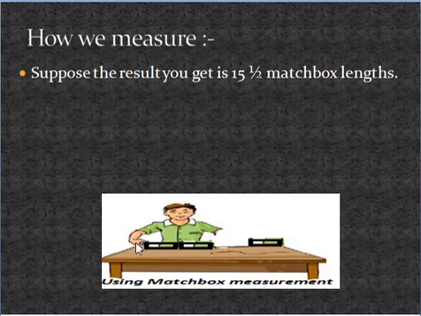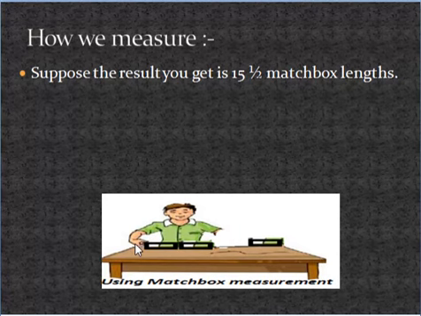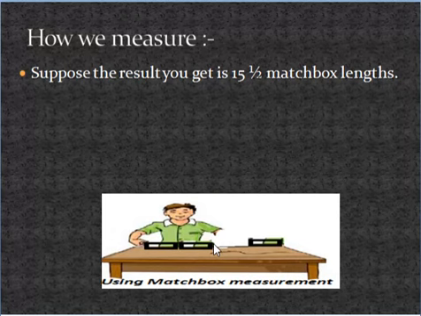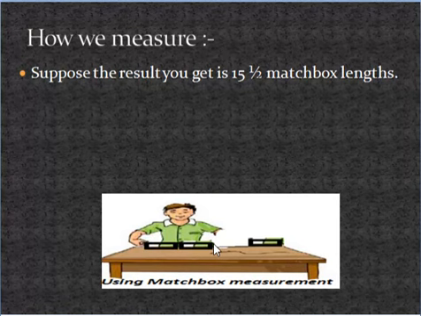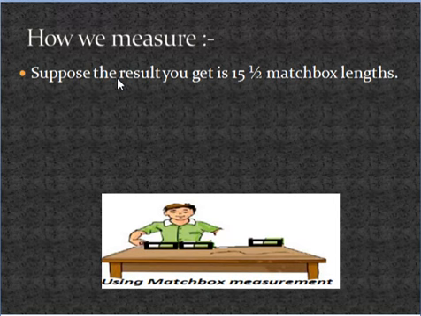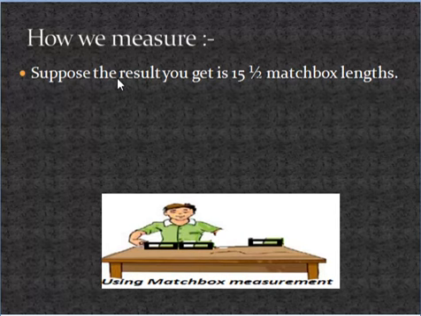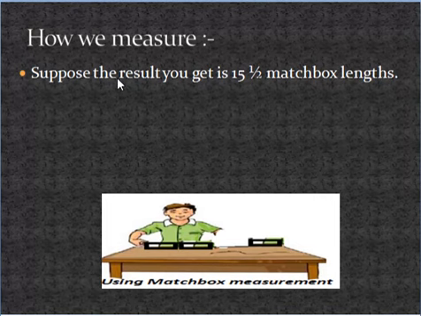It means I have to place the matchbox 15 times along the surface of the table, and then half a matchbox is needed at the last end of the edge. So we can say that the table's length is 15 and a half matchbox lengths.